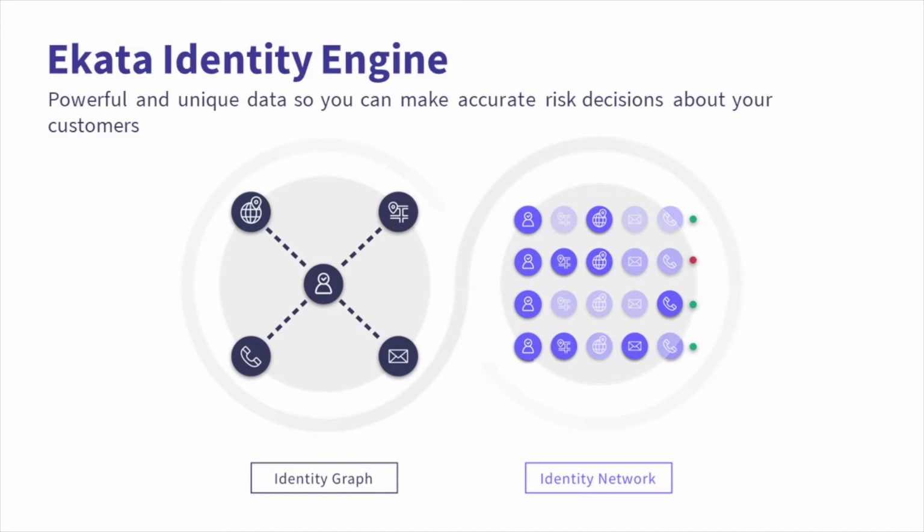Yeah, Stacy. We built a network because we felt like the identity graph, which is one of the two sources of data efficacy in our products, was only capturing half of the picture. The graph, which has linkages about a person's name, email, phone, address, and IP, is very effective in catching synthetic identity behavior.